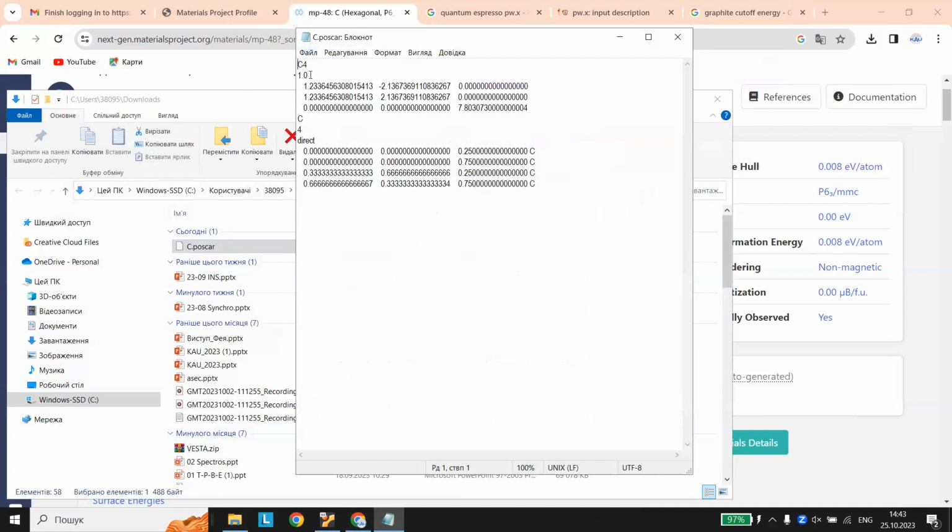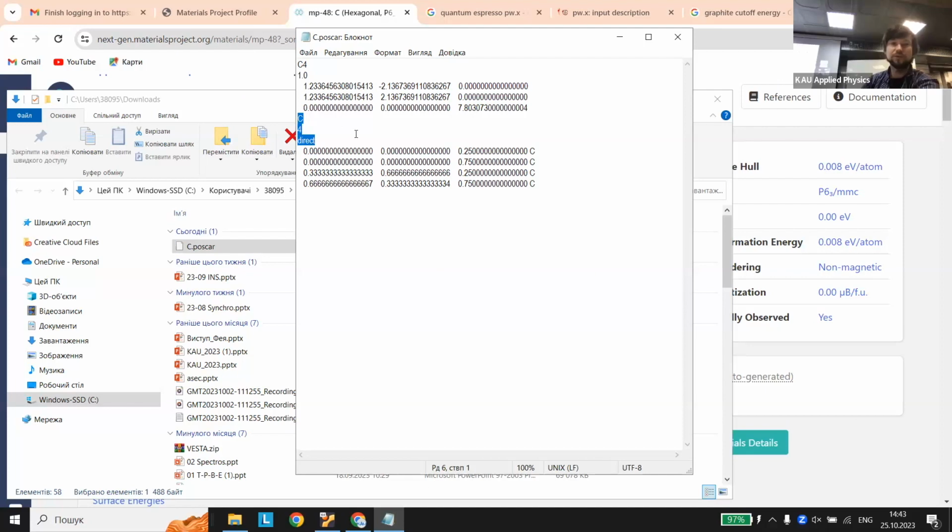You see it. And what's the difference between C4 1.0 and C4 direct? The format of this file is the following. The first line is just your comment. You can write anything here. Then there is a scale factor. For example, you can type 2, and we will work with a unit cell multiplied by 2. Here are unit vectors.